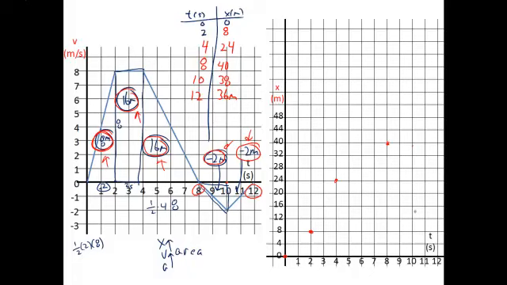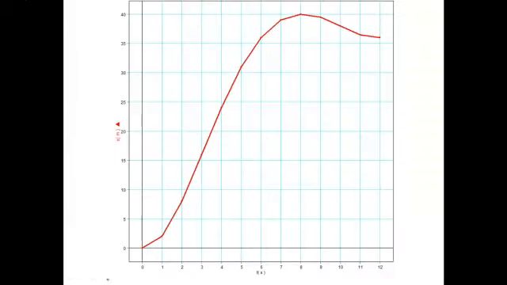And then, oops, notice I missed a spot right there. And then at 12, I'm at 36. So this is kind of off a little bit right here, if you'll notice. I missed a spot. So the actual graph, when you're done with it, this is all okay. Your graph, when you're done, should look like that.